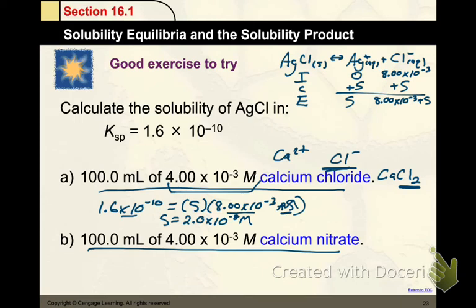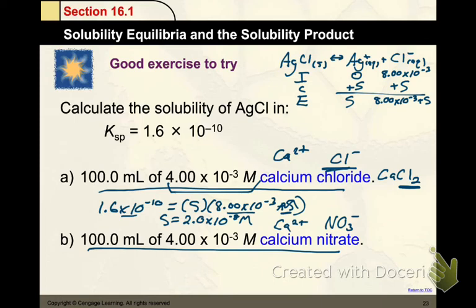Okay, now let's look at the calcium nitrate. Here we've got Ca2+, which we already said isn't going to necessarily affect anything, NO3-. Well, let's see. How might NO3- affect anything there? Well, is NO3- going to combine with silver to form like a precipitate or something? No, because silver nitrate is still soluble.